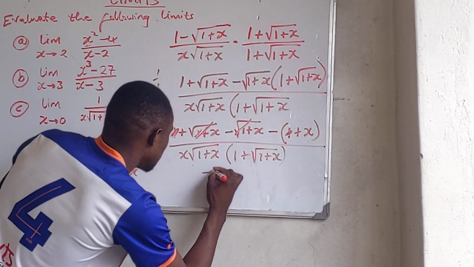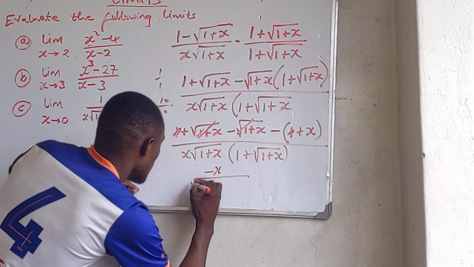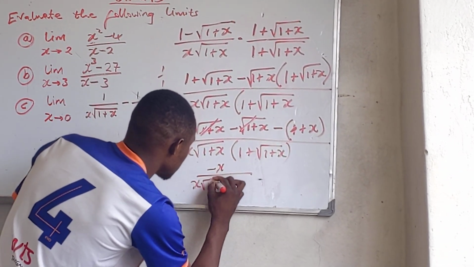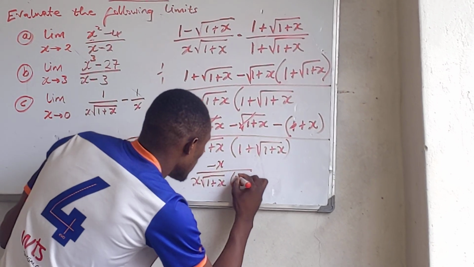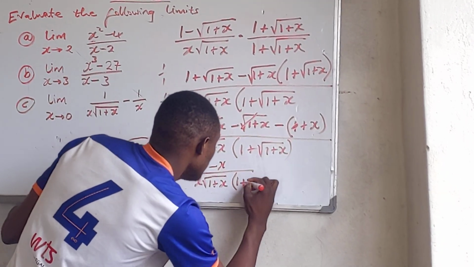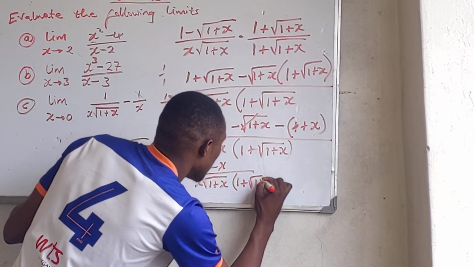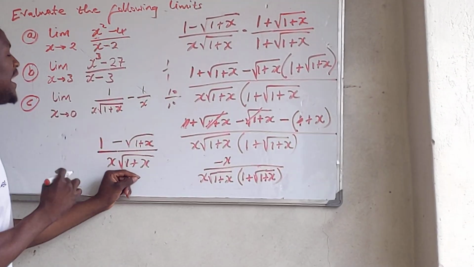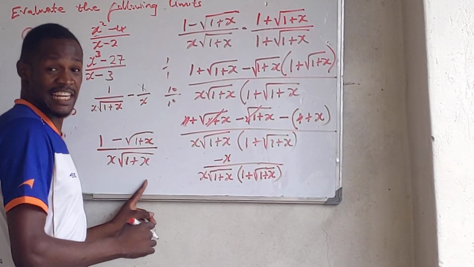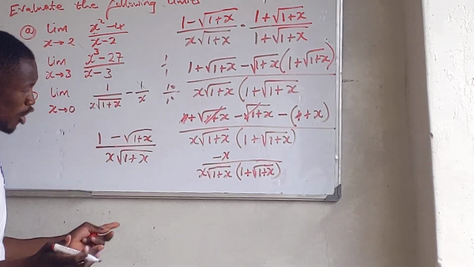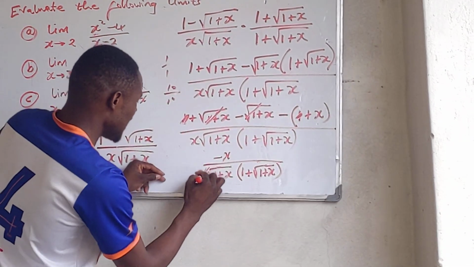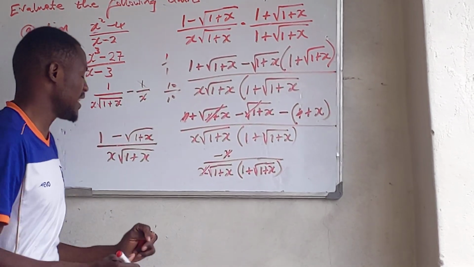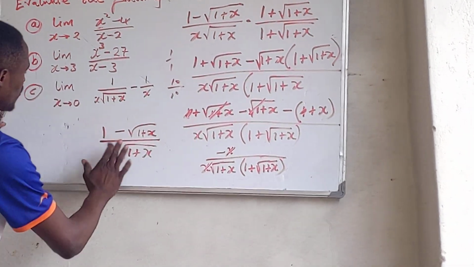So we'll have negative x over x root of 1 plus x multiplied by 1 plus the root of 1 plus x. From there, we'll go ahead and factorize the negative x. Now, or we just say this x and this x will cancel. Therefore, we'll remain with negative 1 there.